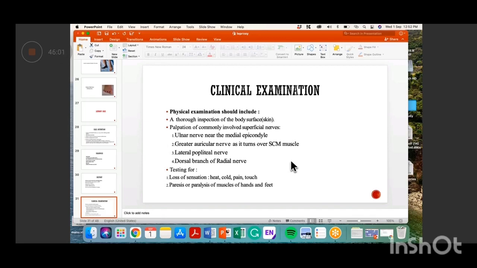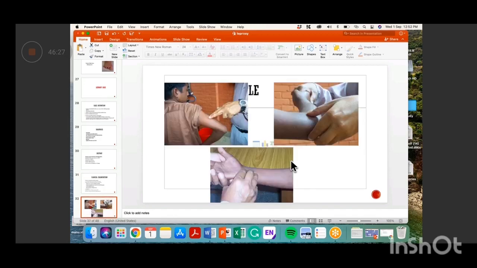Great auricular nerve, when you turn a patient's head towards the side, you can see it over the sternocleidomastoid muscle. Lateral popliteal nerve is behind the head of the fibula and the dorsal branch of the radial nerve in the radial groove. Then you test for the sensations too, usually cold, heat, touch, pain. And then you check for any paralysis of muscles in the hands or feet.